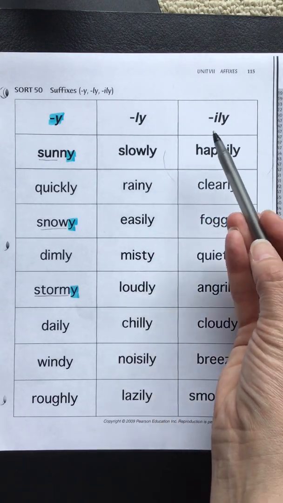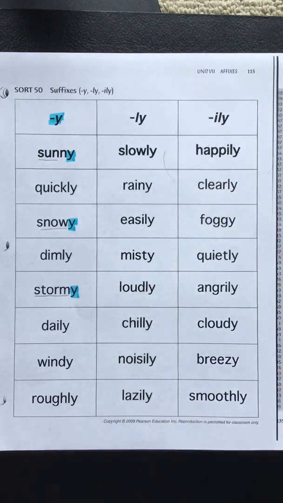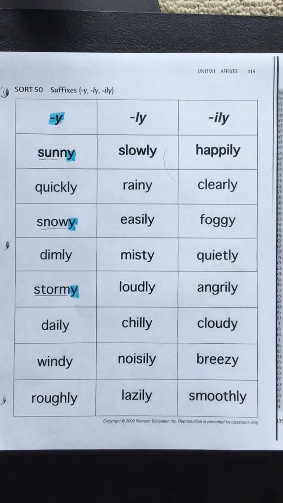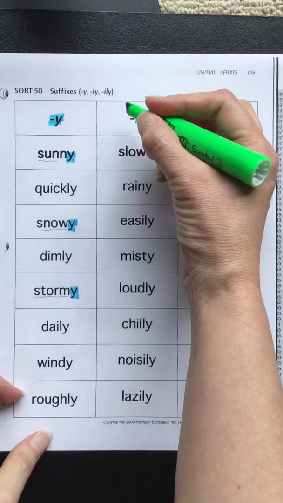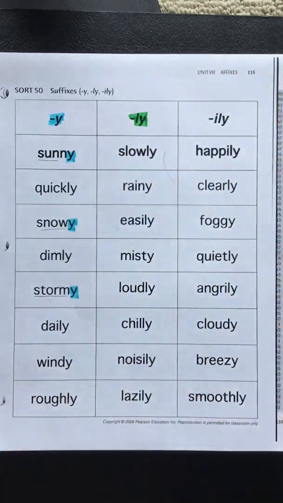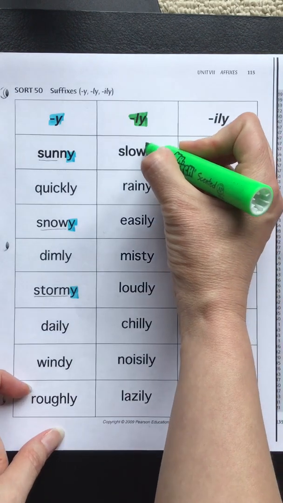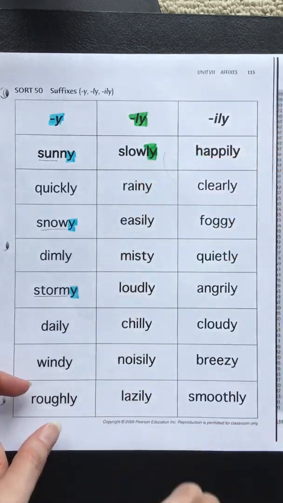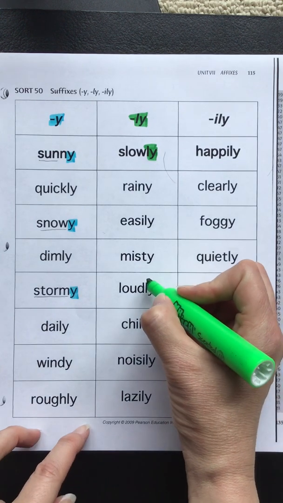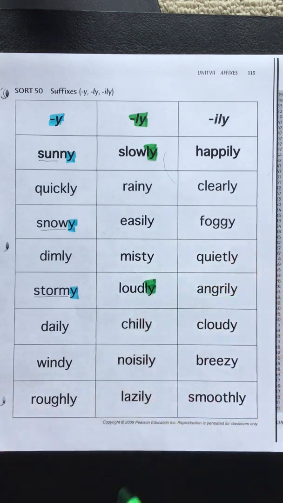Now, ly and ily, these are used in the same way, turns an adjective into an adverb. Let's take a look at some ly words. Can you find an ly word? Well, there's the first one, slowly. Can you find another one? Loudly. I know you have your own words. I'm just going down my list here.